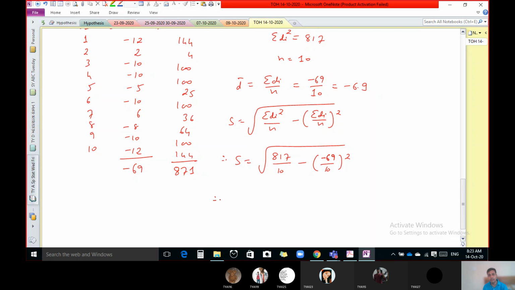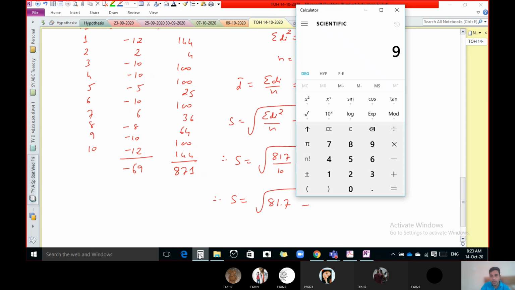Now do this calculation, be fast. This is 81.7. 6.9 square is 47.61.